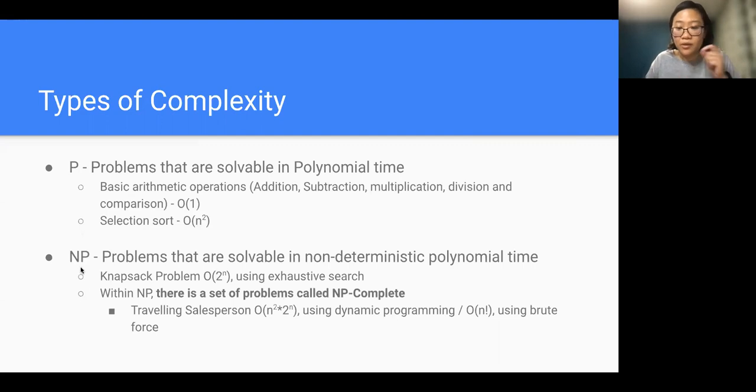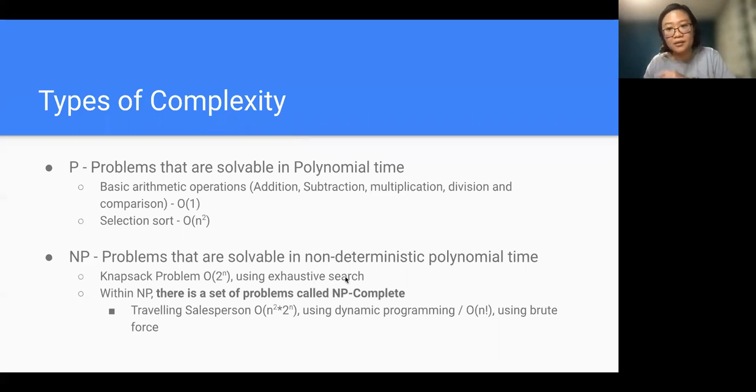Then that brings you to the other type of problem, which are NP-type problems. These are problems that are solvable in non-deterministic polynomial time. The example that I just described earlier, the knapsack problem, where you cannot break down the bags of flour into fractions, is solvable using what we call an exhaustive search, which I think we briefly discussed in a previous talk in this series.